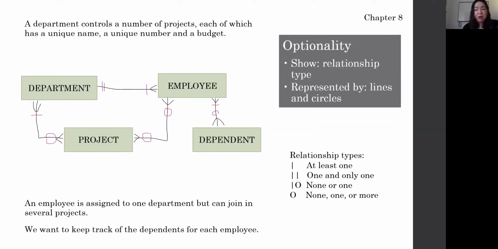So each employee should have at least 1 project. But what if they're new, in that 2-week training period? Is it okay for them to have no projects during that time? Are all employees project-based? In a normal organization, probably not.